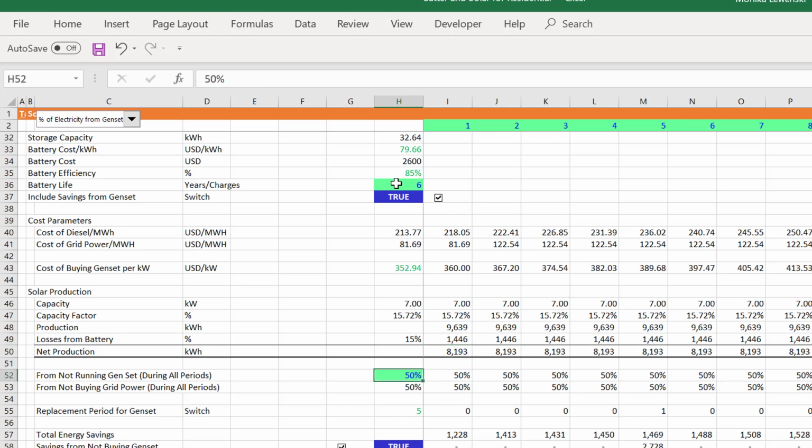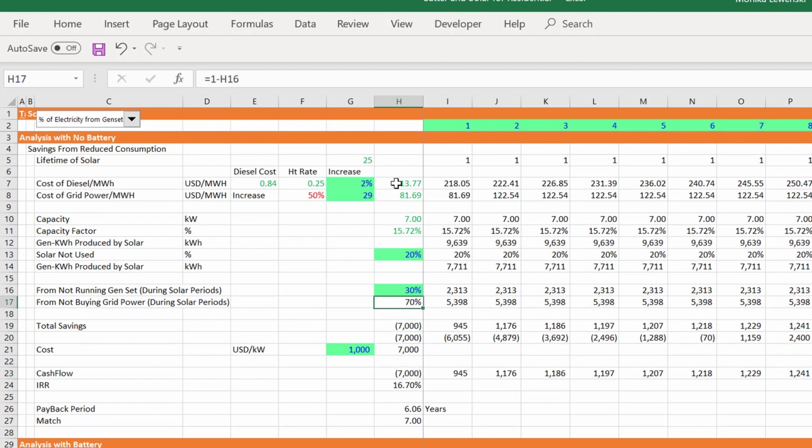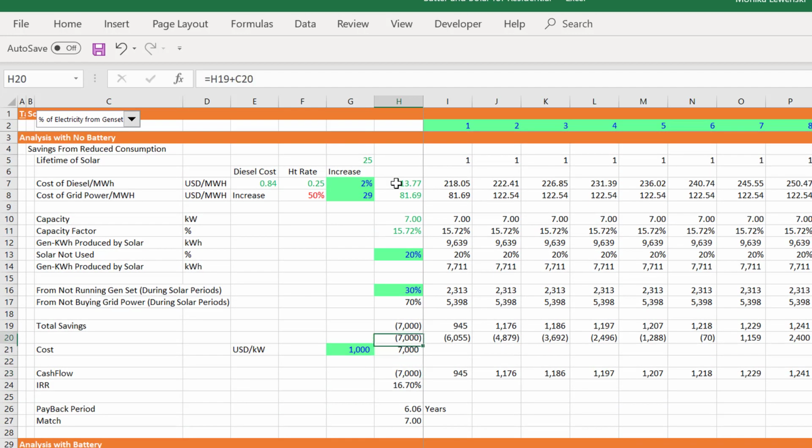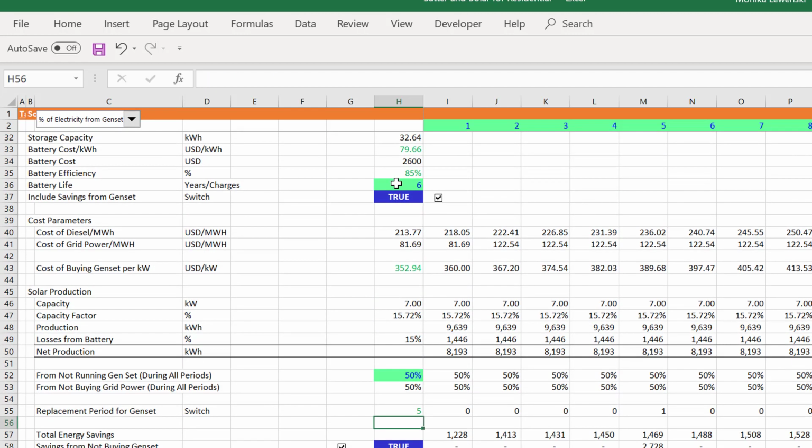And then the other thing is, once we have a battery, this was the percentage of time we would have run the genset during the solar production period, but now maybe this was only 20%, because during the day, who cares, we're not home and all this, and then our payback period is 6.52 years.